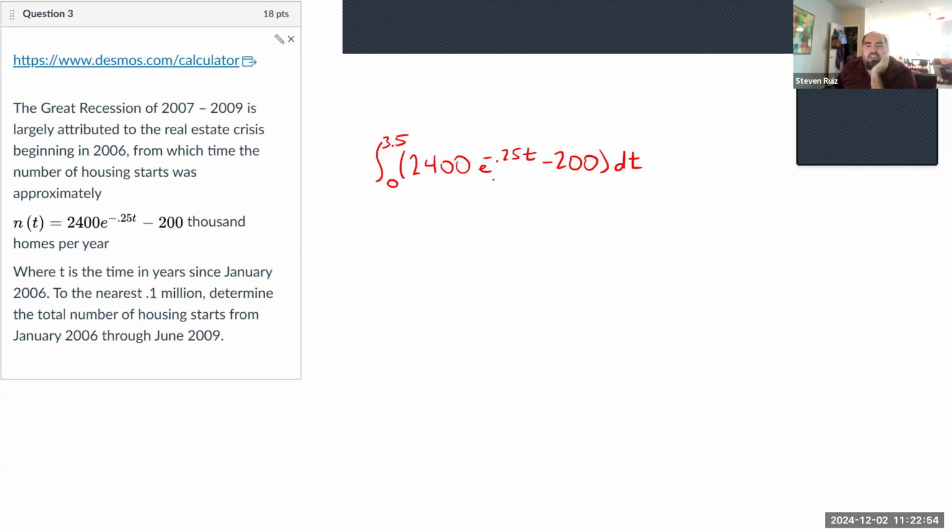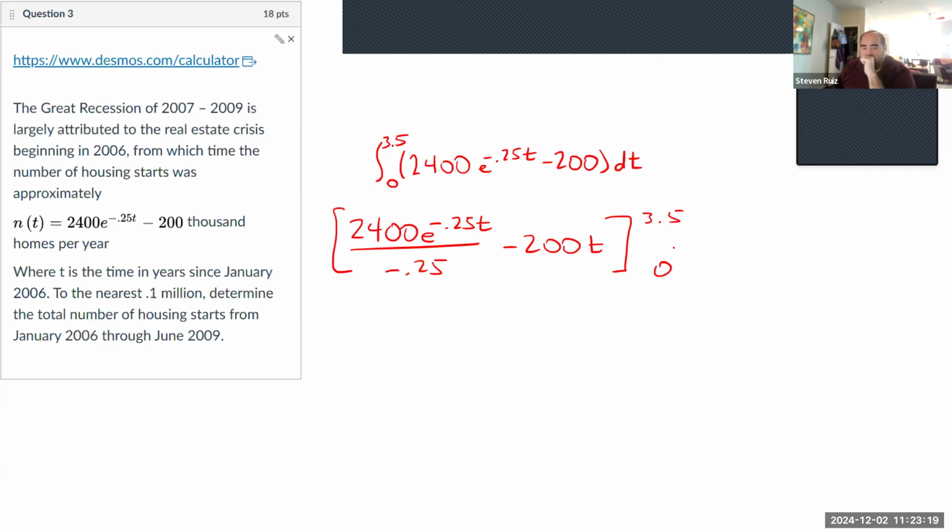When we take an antiderivative of exponential functions with a base of e, this will be 2400 e to the negative 0.25t divided by negative 0.25 minus 200t. And we're going to evaluate this from 0 to 3.5.